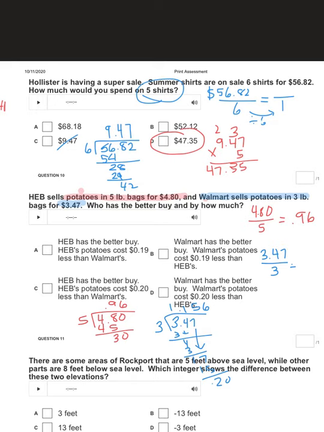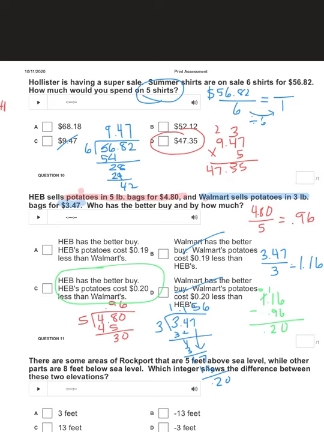So for Walmart, they sell theirs for $1.16 each pound. So now I know H-E-B is the better buy, so then that one's out. But now I got to figure out, is it 19-cent difference or is it 20-cent difference? So then I will take both numbers and I will subtract. Line up my decimals when I'm subtracting. And I get 20 cents. So H-E-B has the better buy. Theirs are 20 cents cheaper.